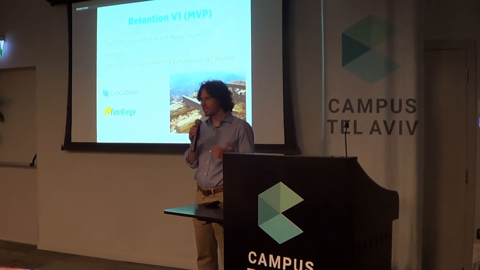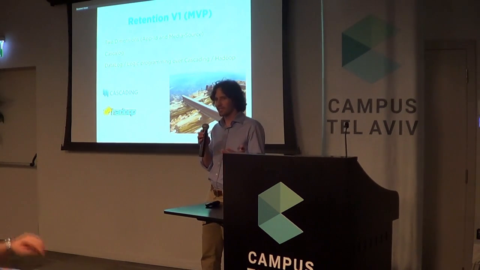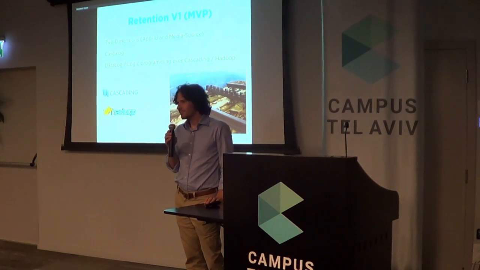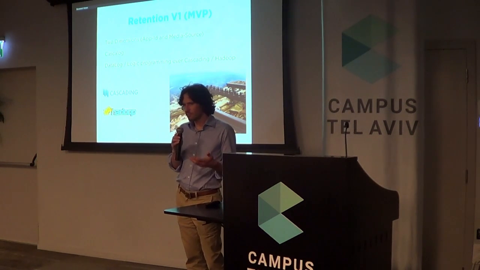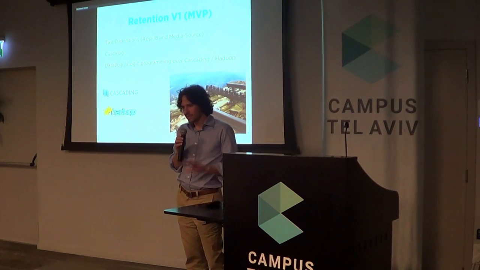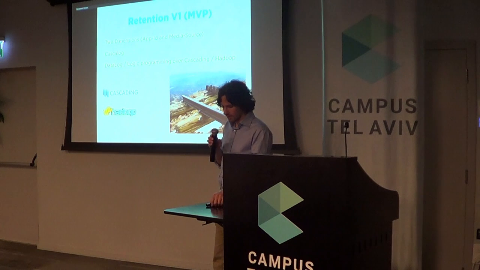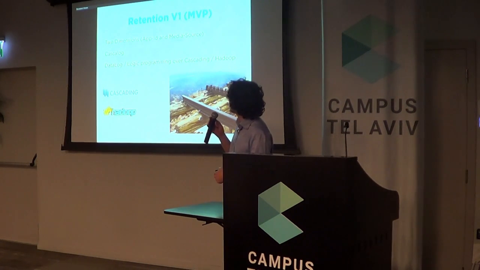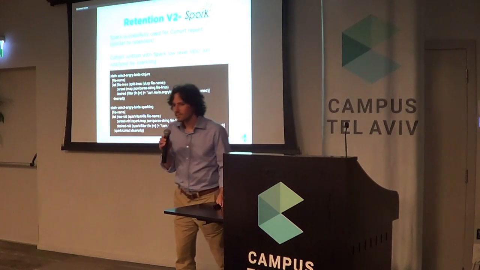You know, we added more machines, we added more memory. That bought us another week or two, and then the same thing. And also our ability to troubleshoot the Hadoop ecosystem was pretty poor, and we thought it's time for a change, and that we'll re-implement the retention report, but in Spark this time.